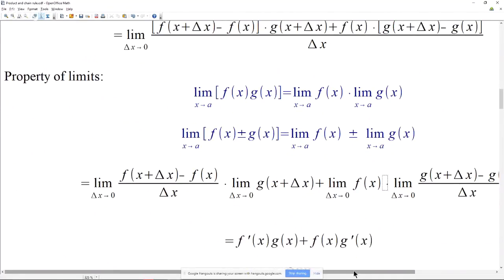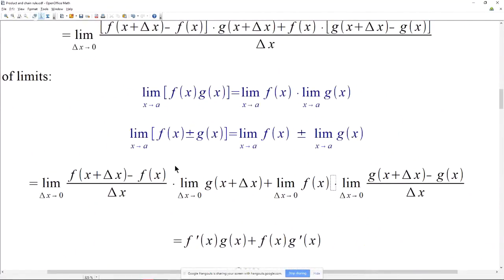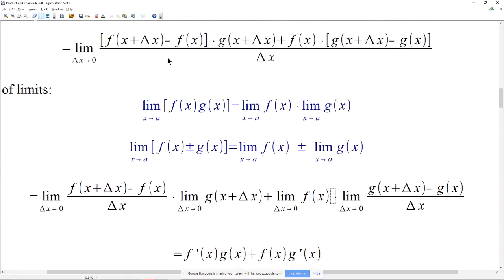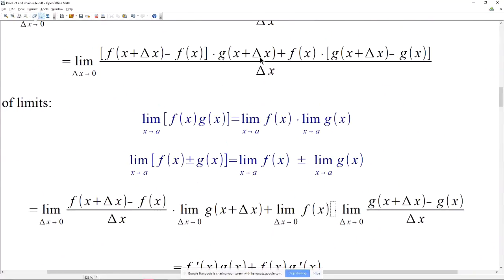So when they end up with this equation here, they're just breaking it down using these properties. Here's one part of the equation times another part of the equation.